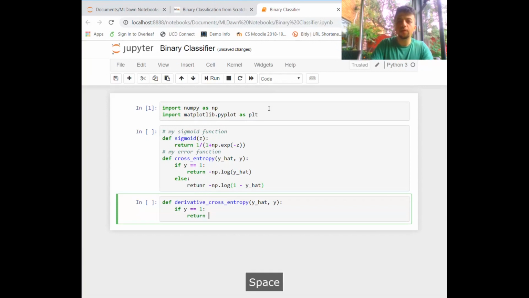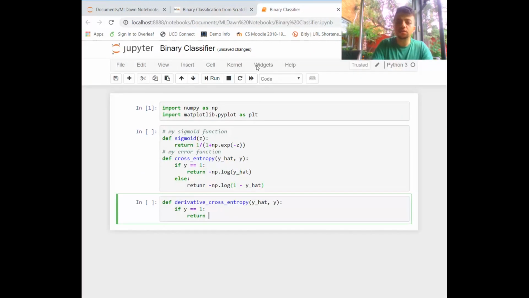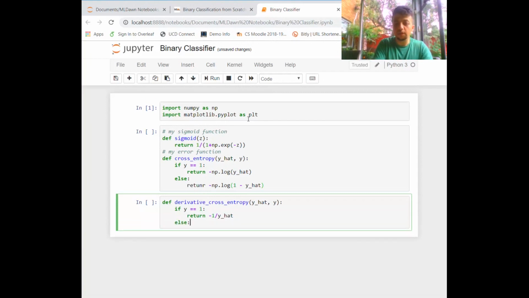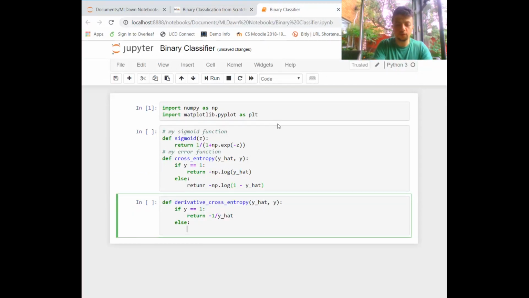Let me check that again. Yeah, minus 1 over y hat is what you're going to return. Else, meaning that if y is 0, the left hand side will cancel out, and then you'll get 1 over 1 minus y hat. So you return 1 over 1 minus y hat.